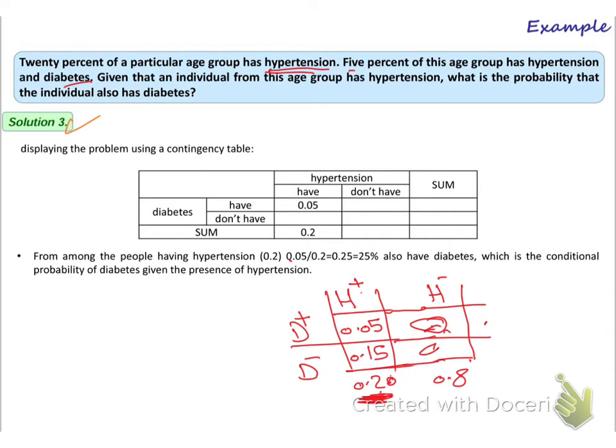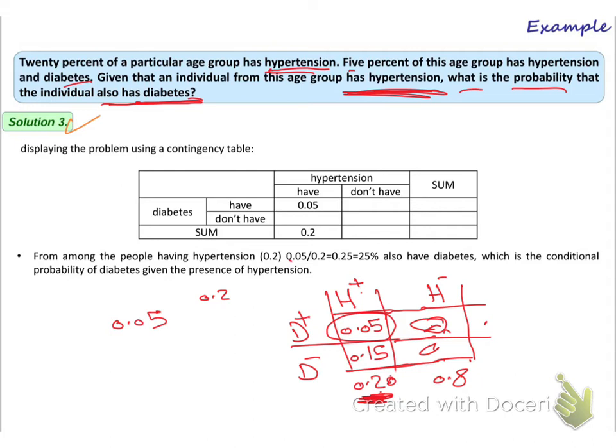So we have the people who have diabetes, 0.05, okay, and he asked me what is the probability that the individual also has diabetes, and he's from the group which has hypertension. The total number with hypertension is only 0.2.